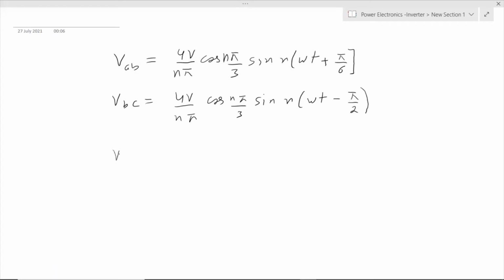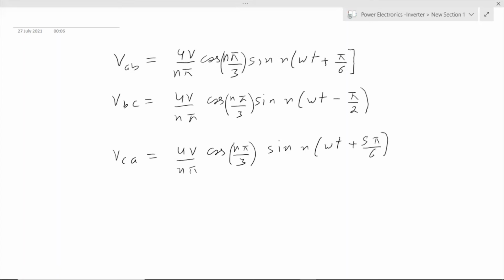Okay, and when you write VCA, you can write it 4V upon n pi, cos of n pi by 3, and sine of n omega t, and it is 5 pi by 6. Just delay it by another 120-degree, so that will be 210. So you can write it as 150-degree, 5 pi by 6.